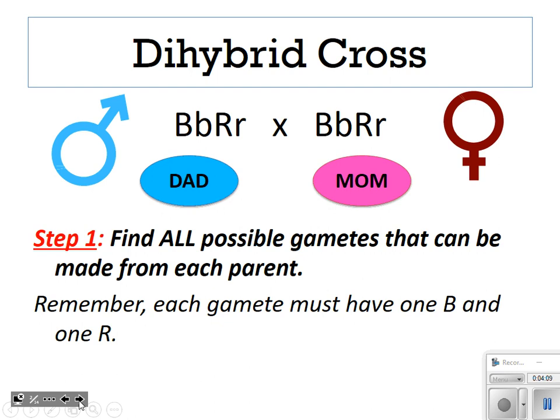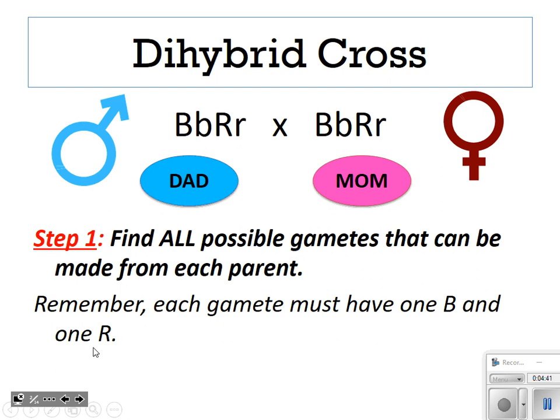Remember, each gamete must have one B and one R. Okay? It can be big B, can be little b, it can be big R, can be little r. But each one must have one B and one R. Could we pair two R's in the same gamete? No, it says that each gamete must have one R.